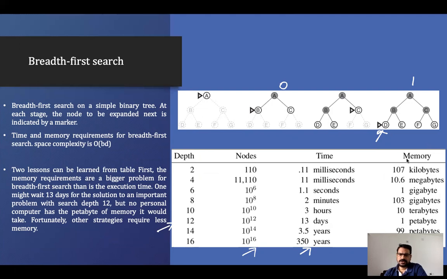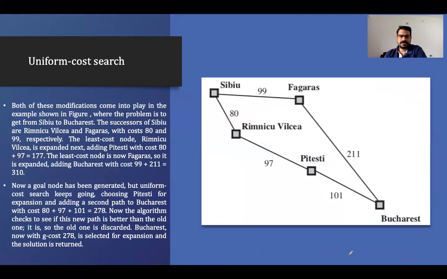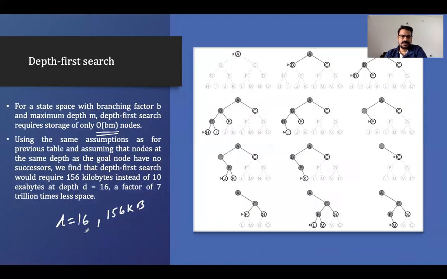And how much memory does it require? 10 exabytes. So 10 exabytes is required here with depth 16. With depth 16, 10 exabytes. But here it requires only 156 kilobytes. So you see the drastic change that occurs when we choose a different searching algorithm.